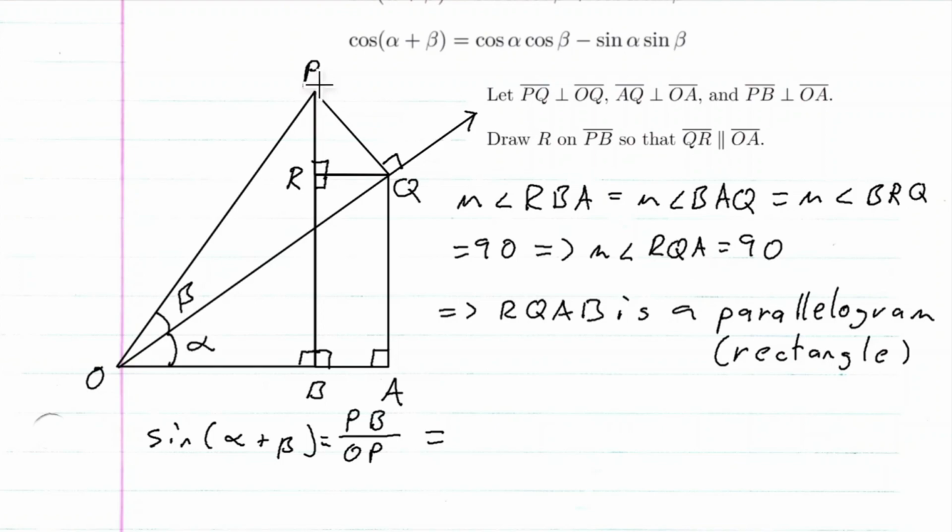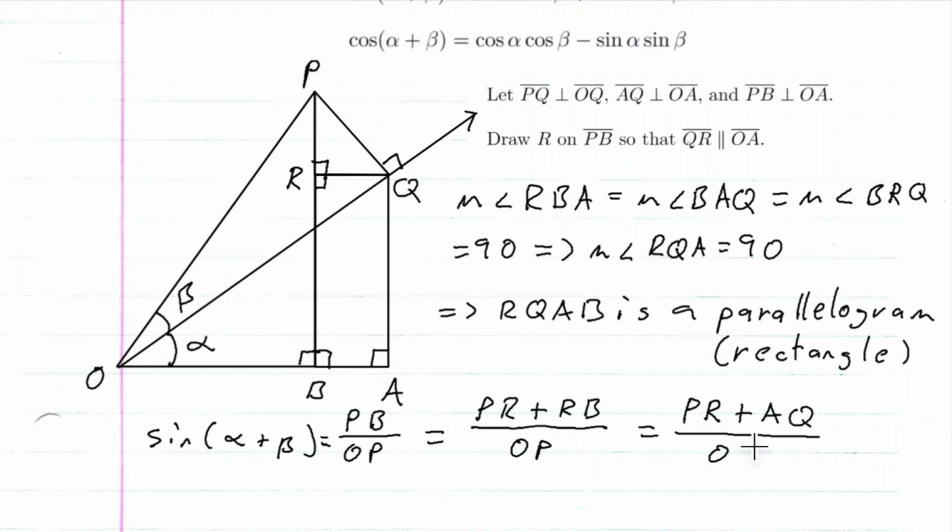We could split PB into two parts: PB is equal to PR plus RB, over OP. And then instead of using RB, we can use QA because we know this is a rectangle. So the same thing as PR plus AQ all over OP.